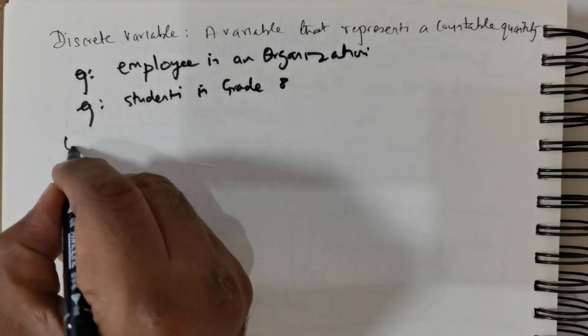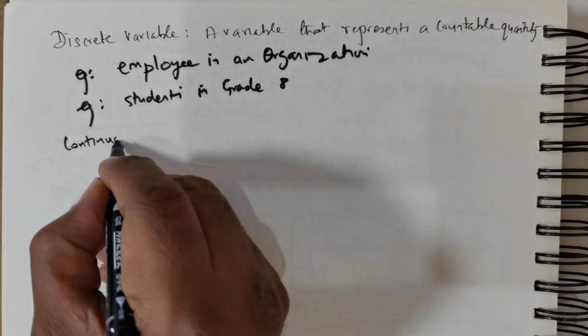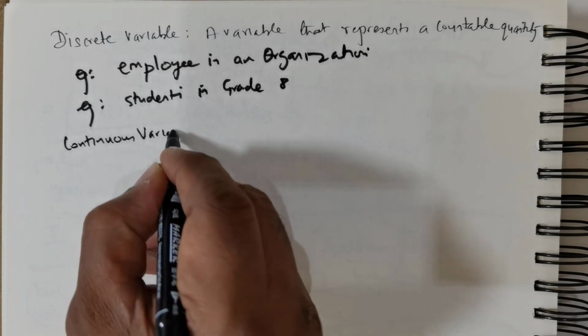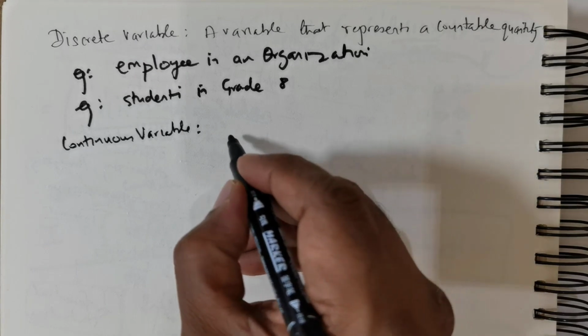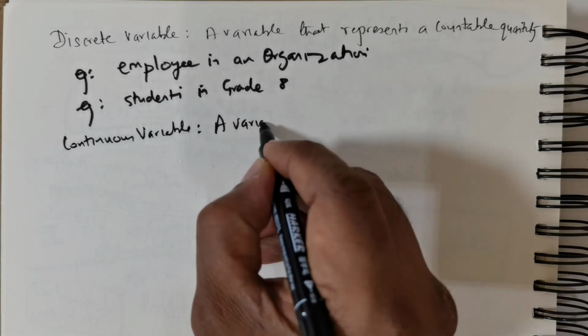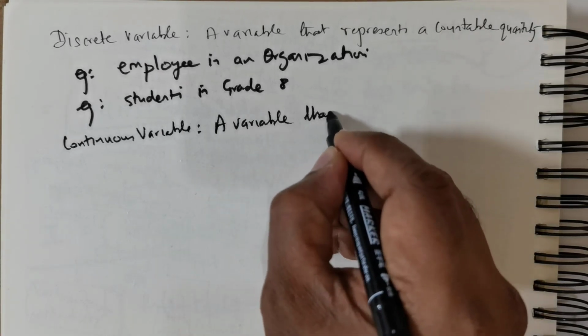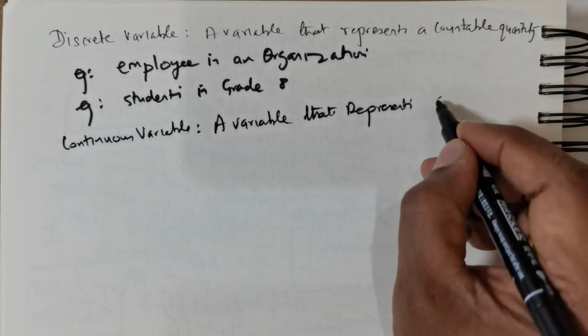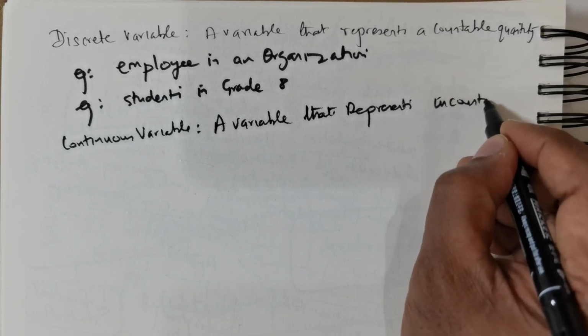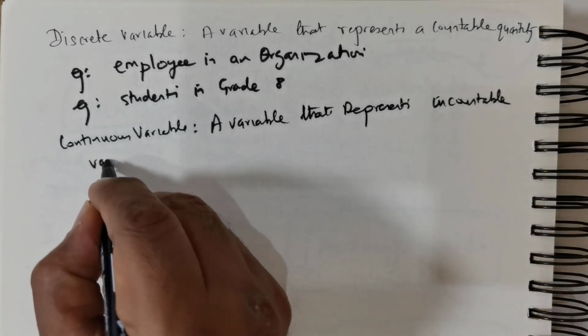Now next comes continuous variable. This is a variable that represents uncountable values. Now what is the meaning of this?